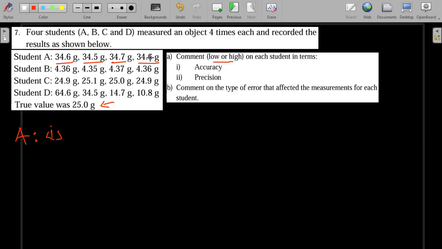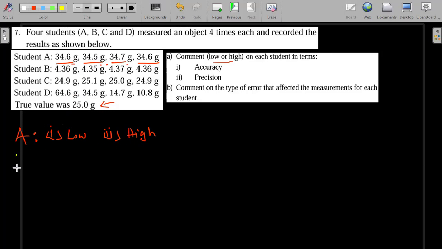These measurements are not accurate because they are far away from the true value. So for the accuracy, we're going to say it's low. What about the precision? We can see that these measurements, even though they are not close to the true value, are actually very close to themselves. So we're going to say the precision there is high.